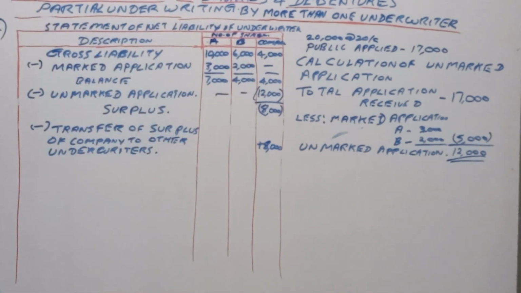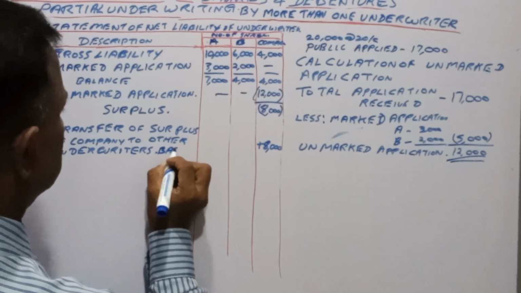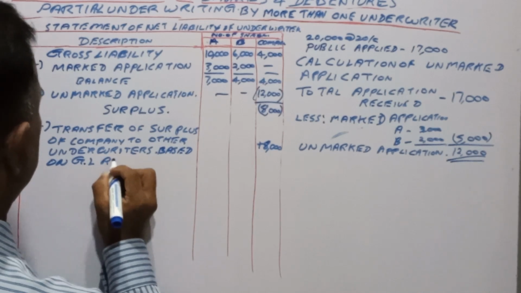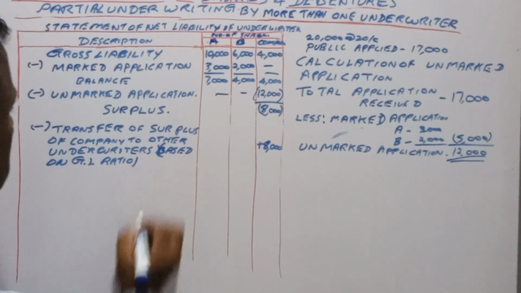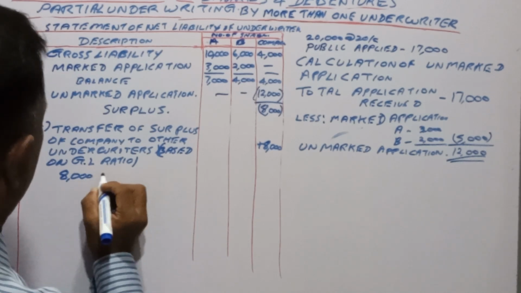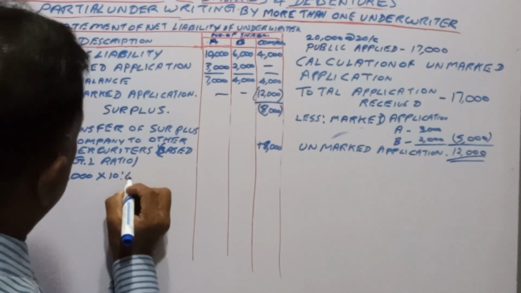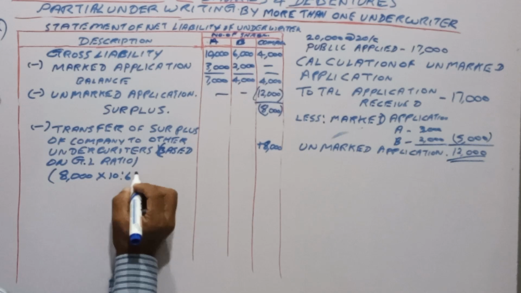Based on the gross liability ratio. Based on that, it is 8,000 into 10 is to 6. 10 is to 6.